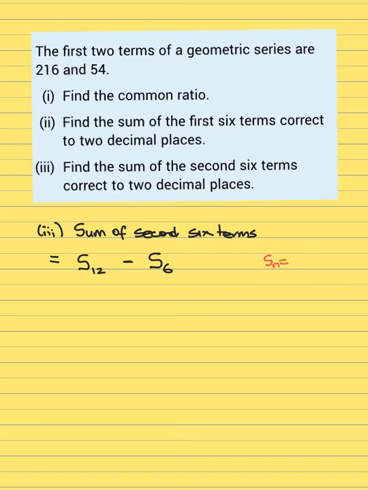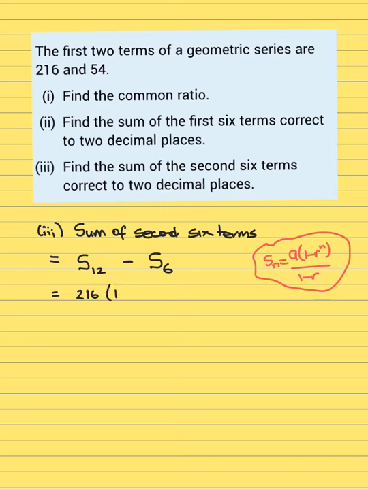We remind ourselves there's a formula for Sn. That's a times 1 minus r to the n over 1 minus r. And we just plug that in to each of these pieces here. Even though we've already found S6 to 2 decimal places, we can just put it into the formula again. It's sometimes easier.